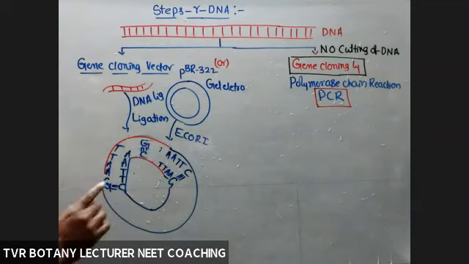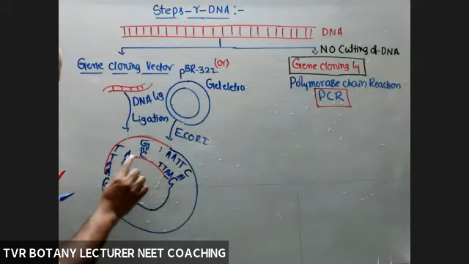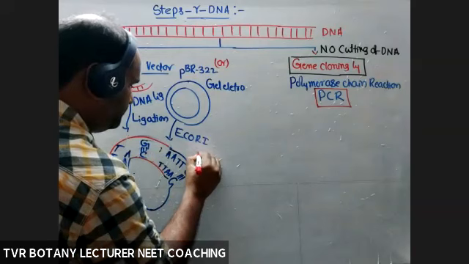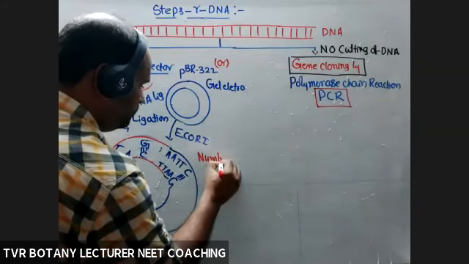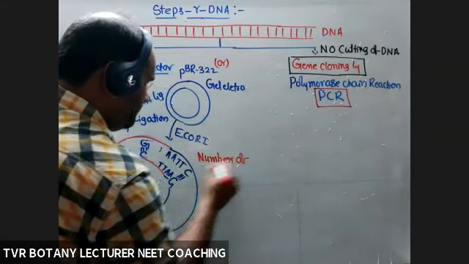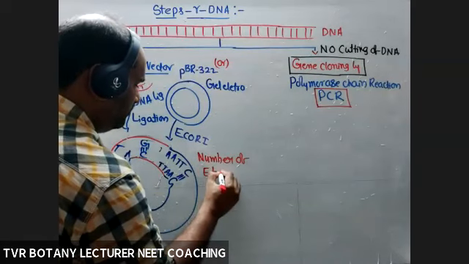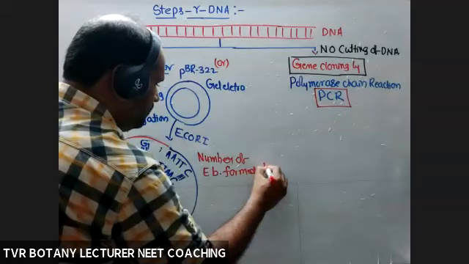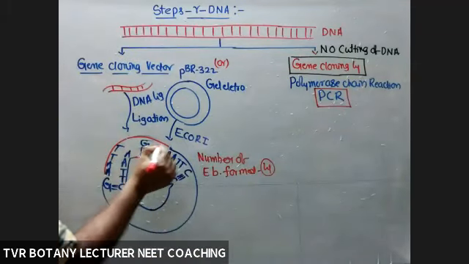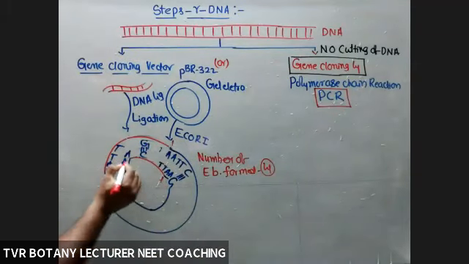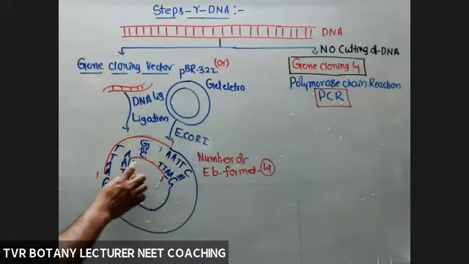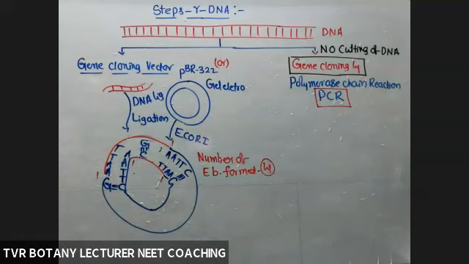what about the number of ester bonds formed? 1, 2, 3, 4. The number of ester bonds formed, reformed here. Take 4. Reason? One here, one here, one here. So 1, 2, 3, 4. Simple.